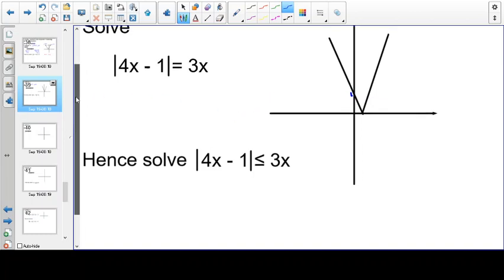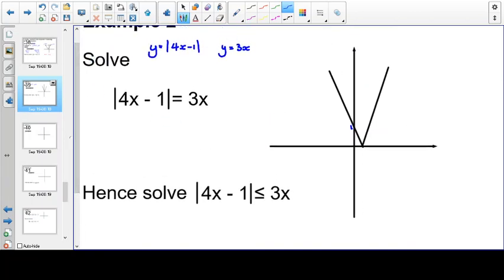Okay, now y equals 3x is a straight line going through the origin, and this is not as steep as this. So what I mean is, when you draw it in, if you didn't really give it any thought and you just drew it in, you could potentially end up with that situation, where it just looks like you've got one solution.